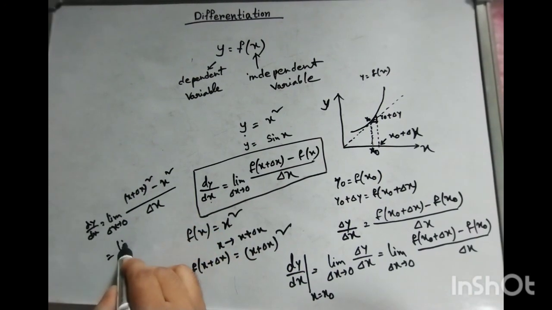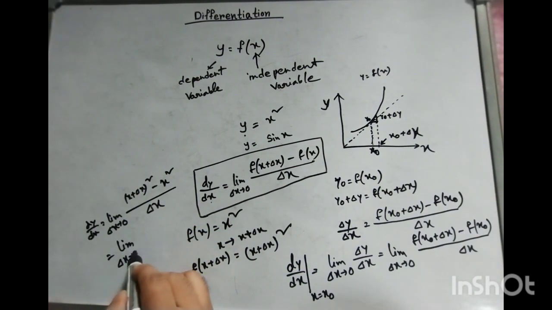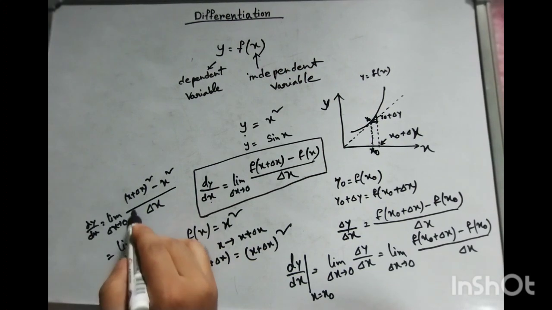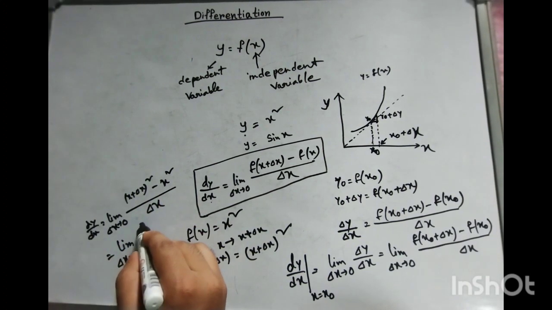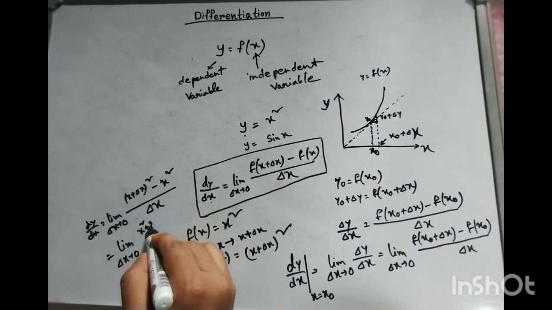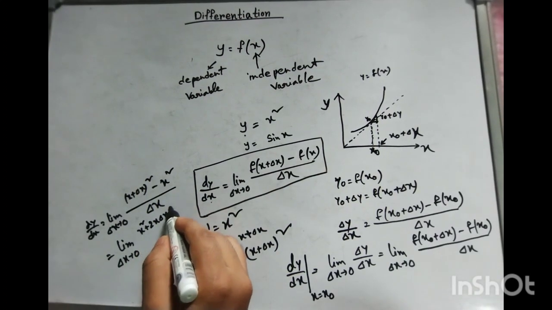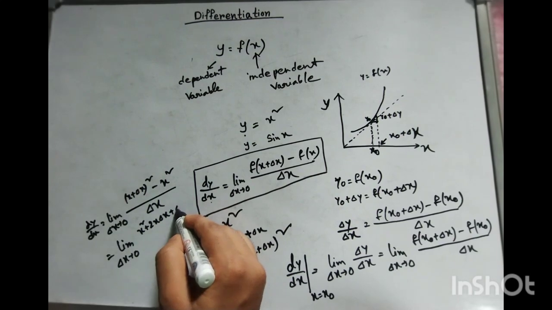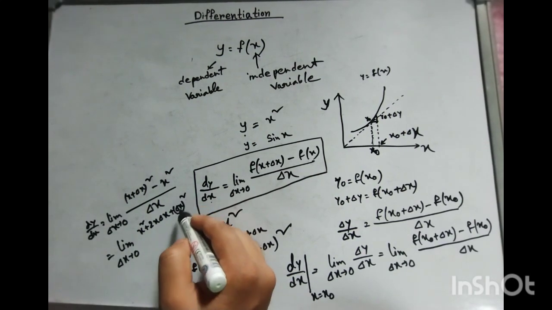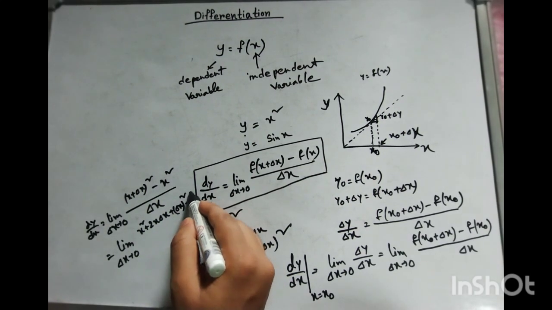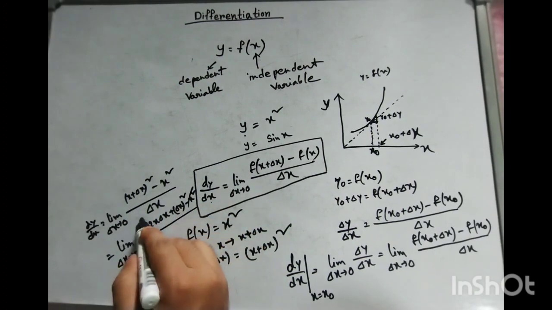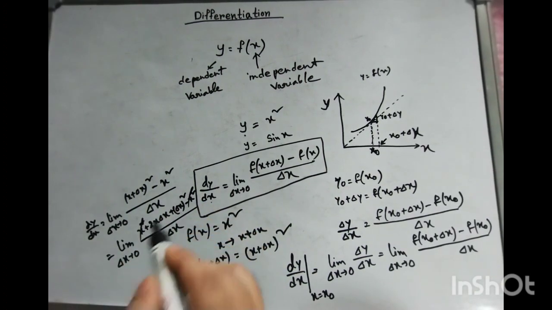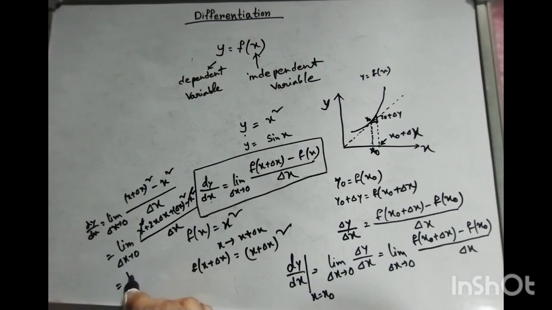So if you find that limit delta x tends to 0, x plus delta x whole square is a plus b whole square, which means x square plus 2 into x into delta x plus delta x square. Delta x is very small, so delta x square will be almost negligible. x square will be cancelled out, so it equals limit delta x tends to 0.